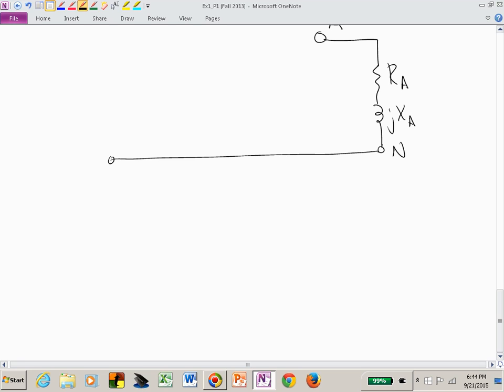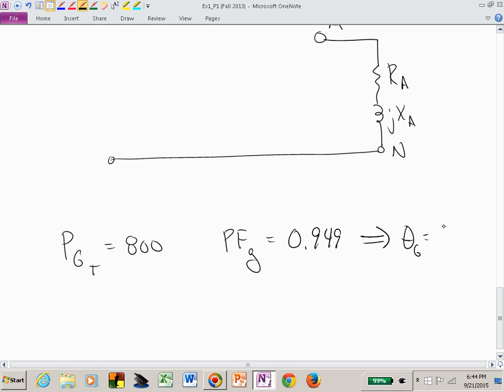We could do it many different ways. So the power of the generator total was 800. The power factor of the generator was 0.949, which tells us then that the angle of our generator is the inverse cosine of that power factor.